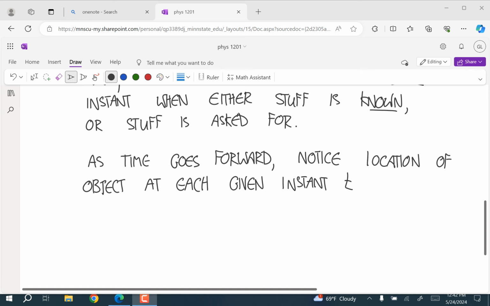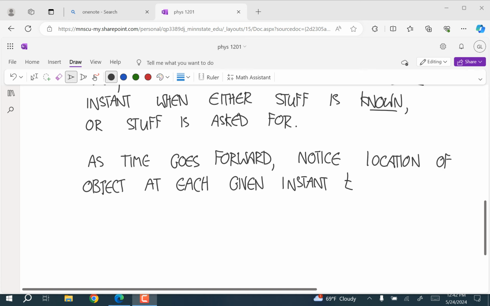Okay, so that's all you have to know about our measurement of time. You can think of it as a stopwatch. You're going to turn it on when something important happens, and then you're going to track the motion of the object as the time scrolls on the stopwatch.